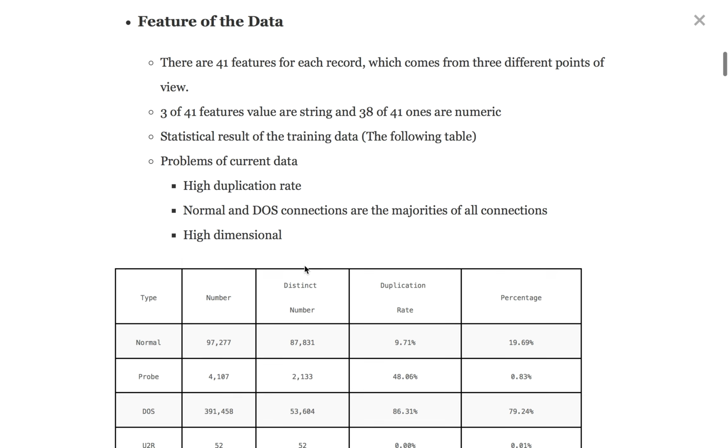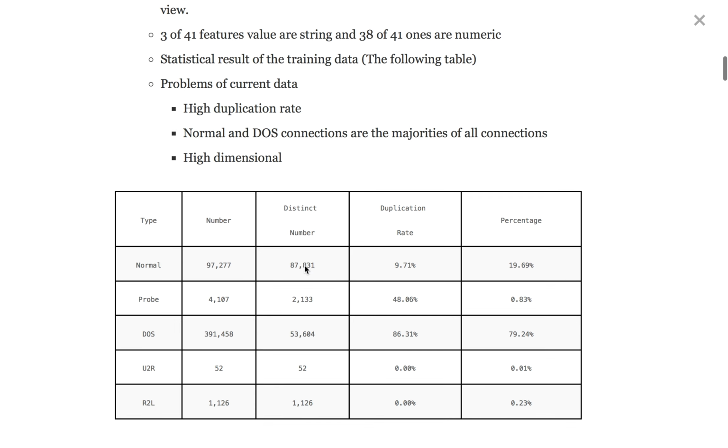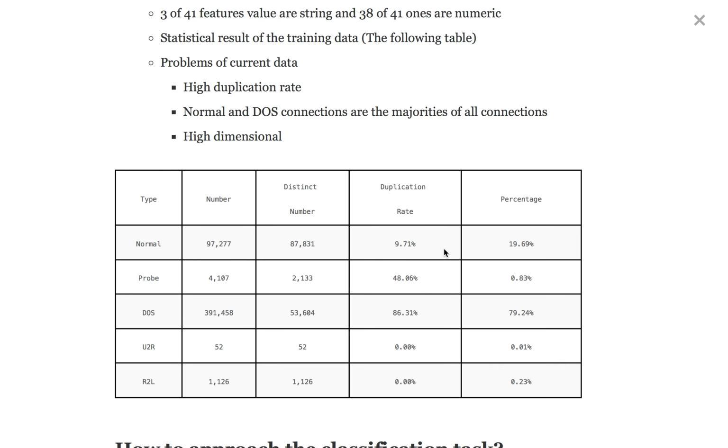In the following table, we are showing the statistical results of the data, so we can see some problems from this table. First is the high duplication rate. As you can see, in the second-to-last column of this table, the duplication rate is quite high for the probe and DOS.